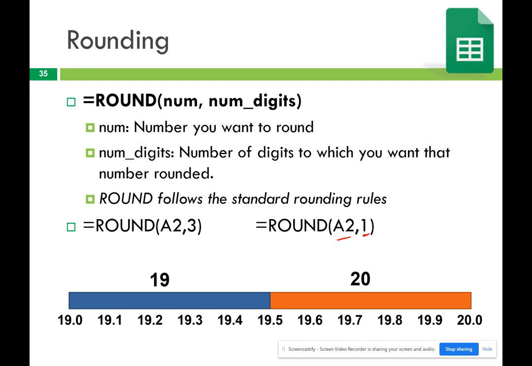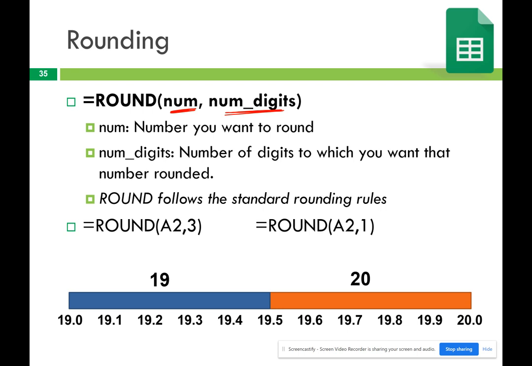It's as simple as that. This is just another example of once you understand how functions work, it's very easy to pick up new ones. So equals round requires two arguments. First, the number you want to round, and secondly, the number of decimal places you would like to round to. So that's the first version, equals round.